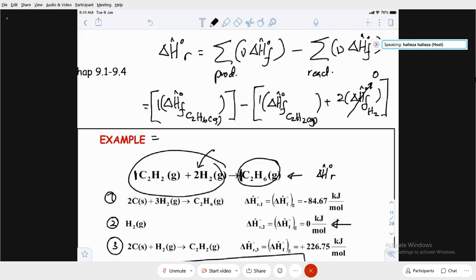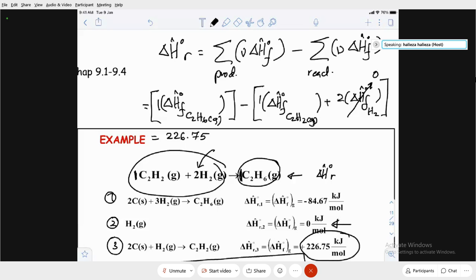Okay, so now you only have those 2 terms left. Let's look at the heat of formation of ethane. Where is the heat of formation of ethane? That's the value. Sorry, I got it wrong. This is ethylene. This is ethane. I need to undo that.